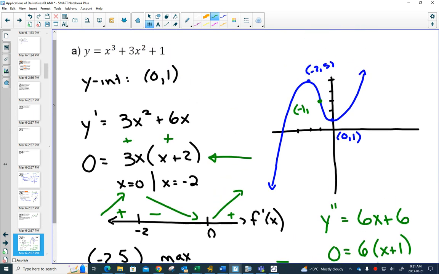Again, if I wanted to find that y coordinate, I would plug in, and it happens to be at -1 comma 3. And this is probably just coincidence. But where I looked on the graph where I thought it changed from concave down to concave up, and I didn't have the point of inflection already figured out, look how accurate that point ended up being.